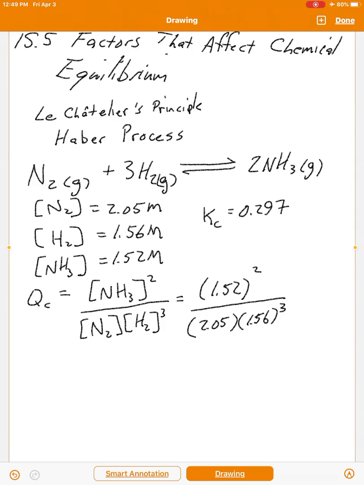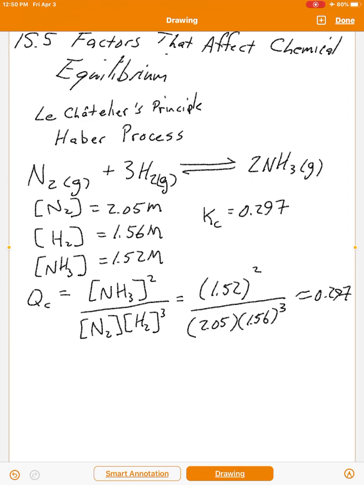So let's calculate that: 1.52 squared divided by 2.05 divided by 1.56 raised to the third power. And you get about 0.297. So in fact, we are at equilibrium, right? Okay, trivial case.